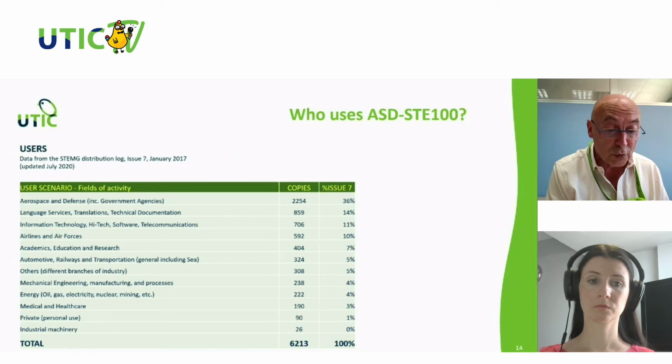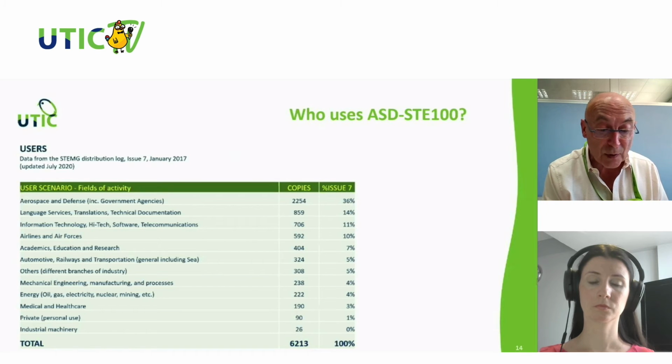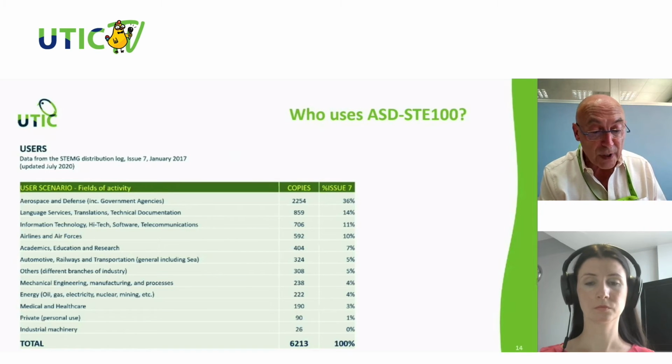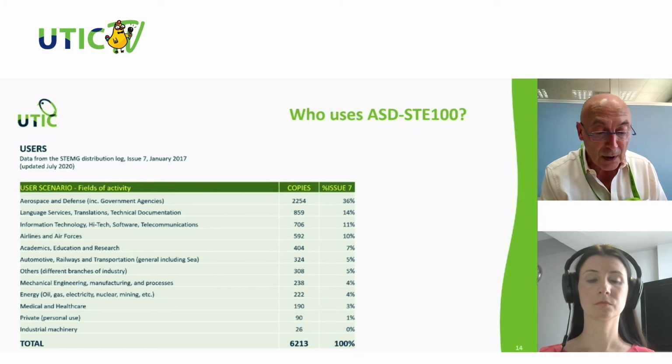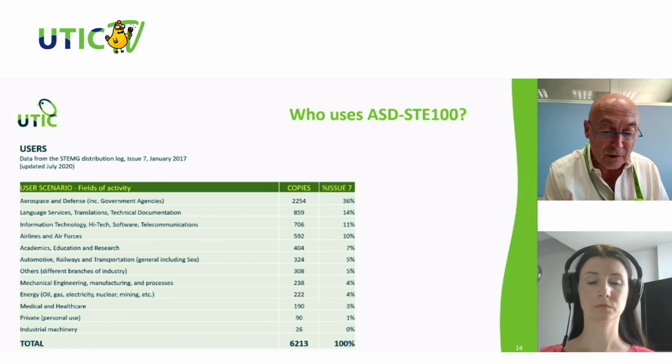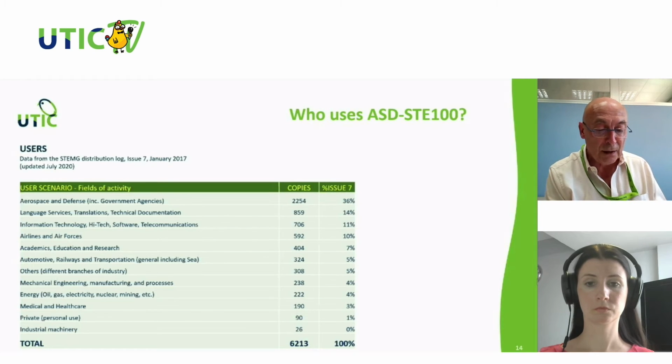Then also we have automotive, railways, transportation. We have different types of industries grouped into the others category, and then we have mechanical engineering, manufacturing, processes, energy, oil, gas, electricity, nuclear, mining, etc., medical and healthcare, and then we have private use and industrial machinery. So this is basically the scenario of the users.